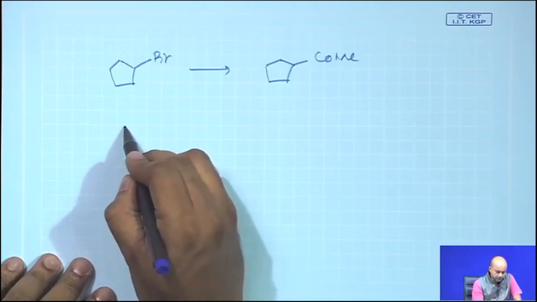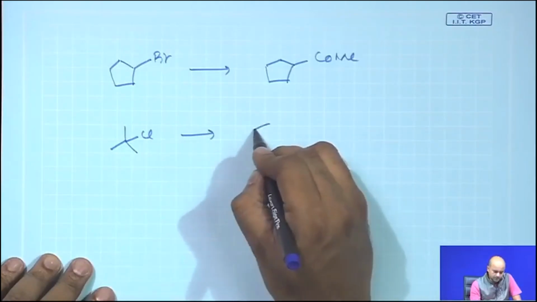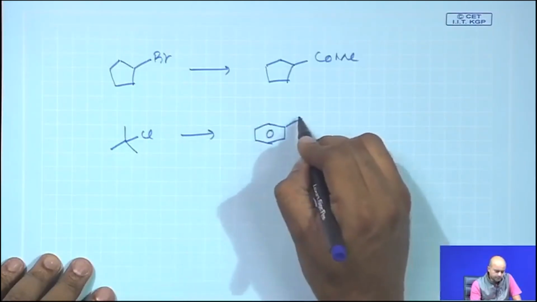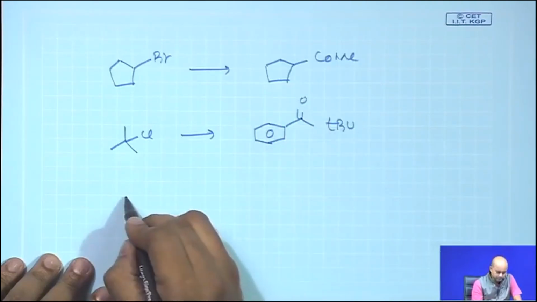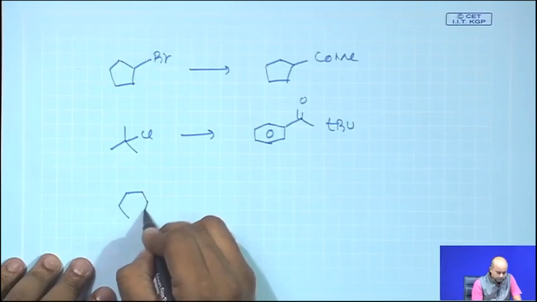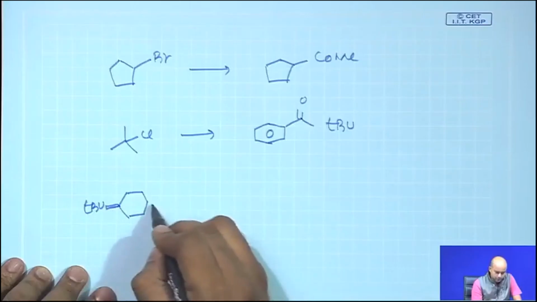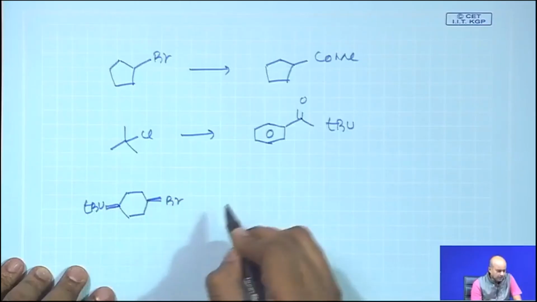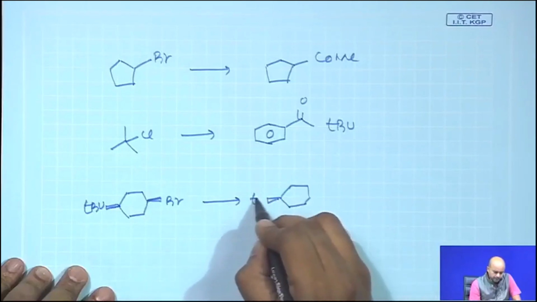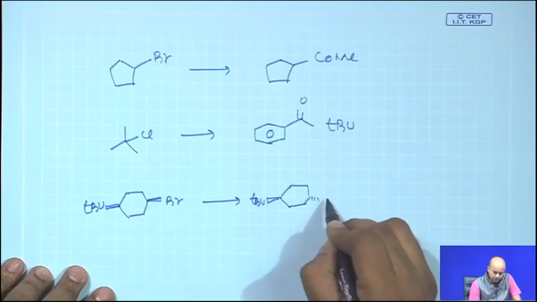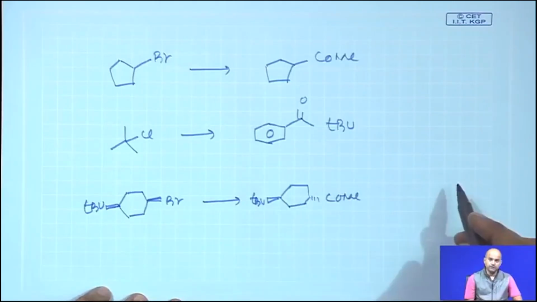The first one is simple, the second one I am giving you this one, the third one the tertiary butyl and the bromide which has been converted to the corresponding tBu COMe. Now, if we analyze, all the problems are basically based on synthetic equivalents.